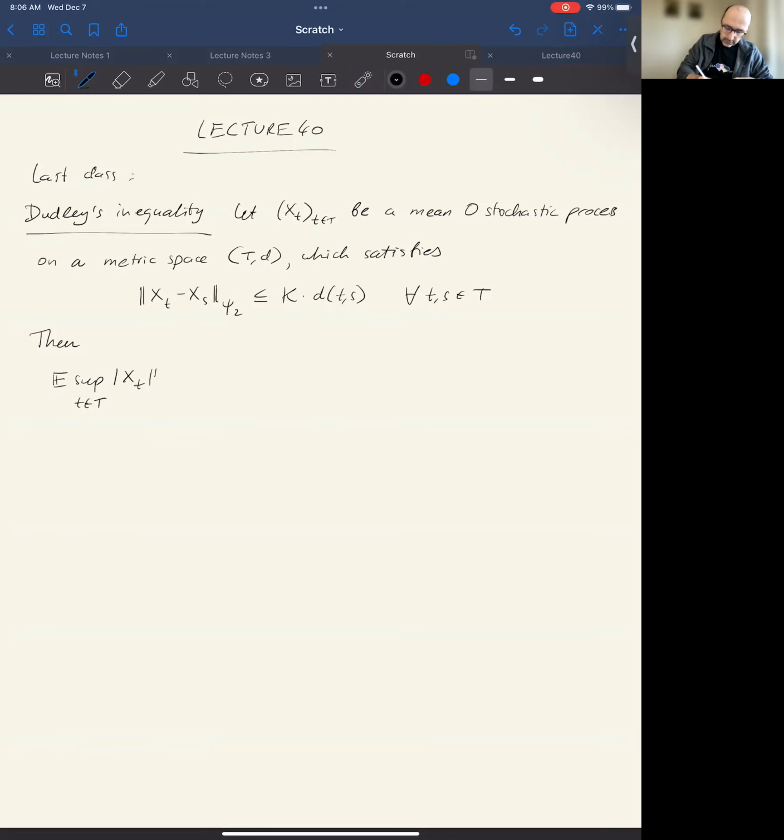We achieved this: X_t minus X_{t0}, for any t0 in T, for any reference point. And then we don't even need mean zero in this version. Just a stochastic process. We bound this by some absolute constant times K times this funny looking integral, the integral of the metric entropy.